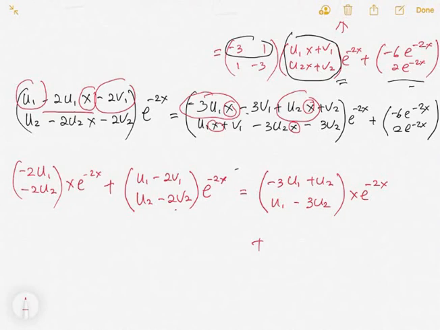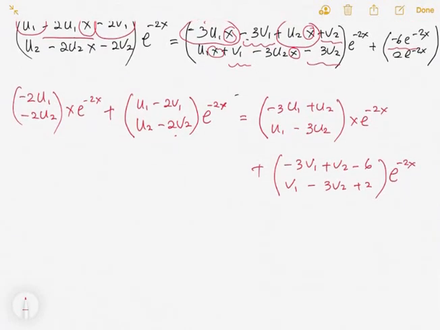Then plus negative 3v1 plus v2 minus 6, and the second part is v1 minus 3v2 plus 2. So this is exponent negative 2x.